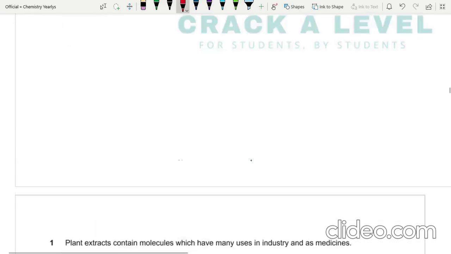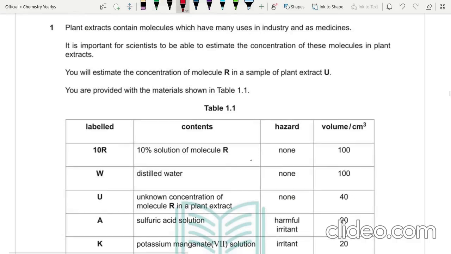Question number 2 says plant extracts contain molecules which have many uses in the industry and as medicines. It is important for scientists to be able to estimate the concentration of these molecules in plant extracts. You will estimate the concentration of molecule R in the sample of plant extract U. So this is the unknown concentration that we are going to be determining at the end.